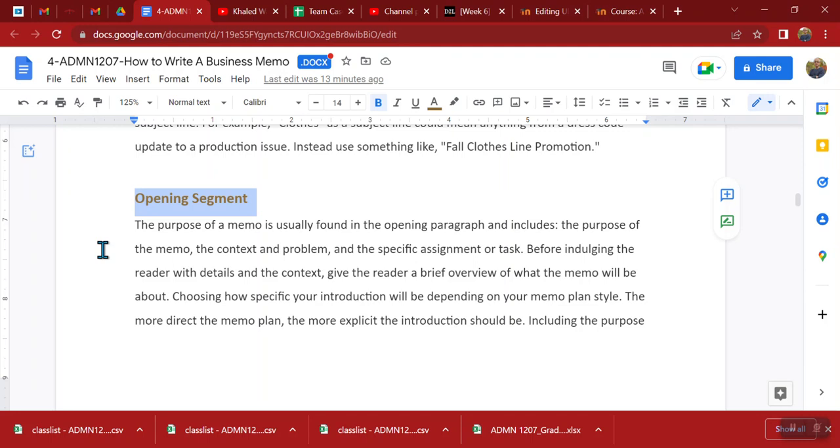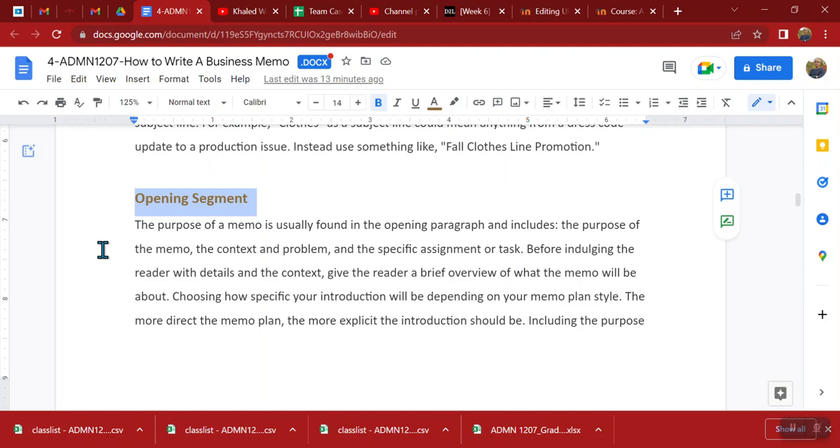Even if it's a paragraph with three to four sentences maximum, you need to make sure that in this short paragraph you write exactly what the purpose of the memo is and what action you are recommending. So it looks like everything is here.